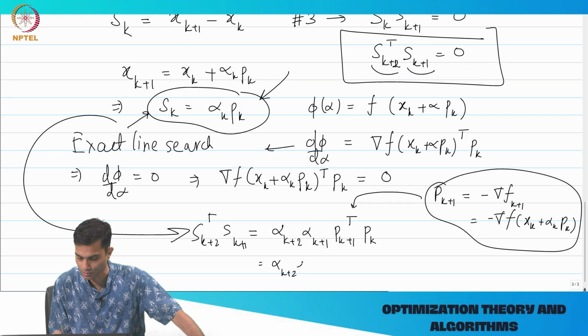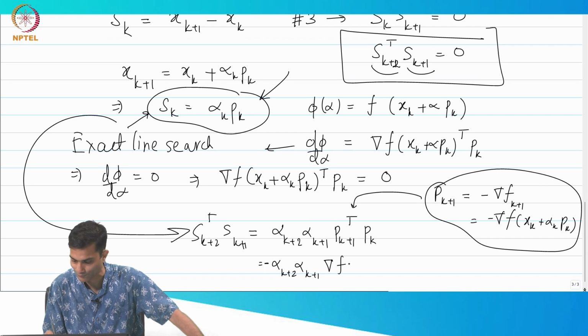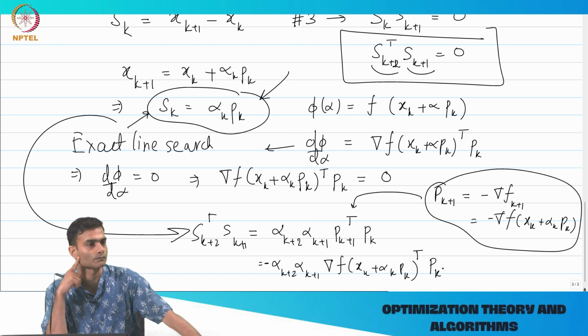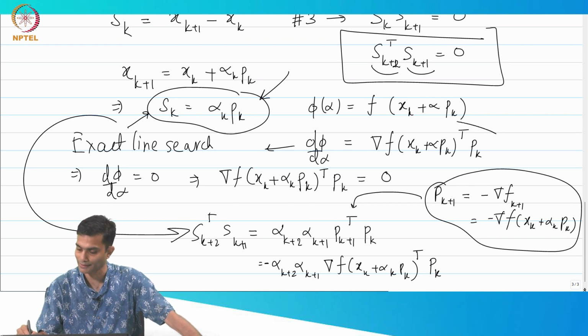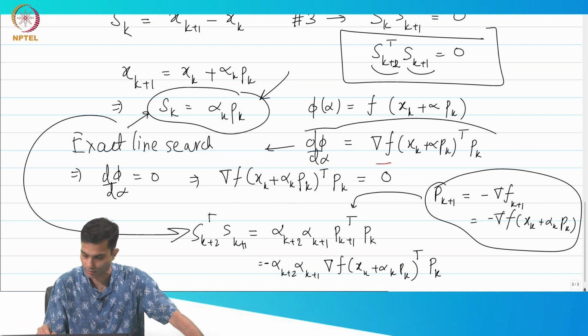Alpha k plus 2, alpha k plus 1, I am going to get a minus, I will write that minus outside, grad f of xk plus alpha k pk transpose into pk, and this is what? We did exact line search, right. So, therefore, we have this expression over here, right.